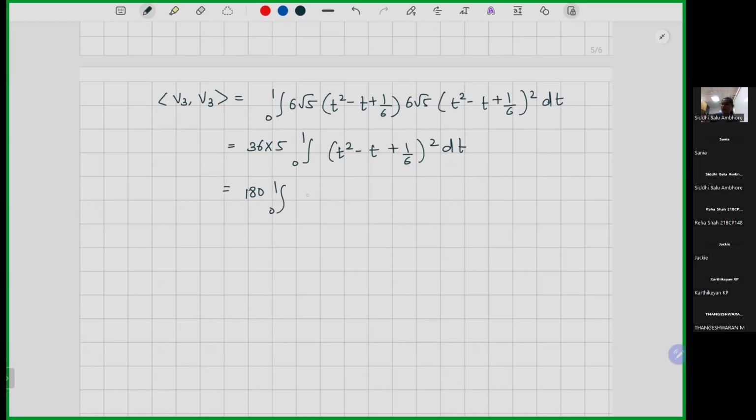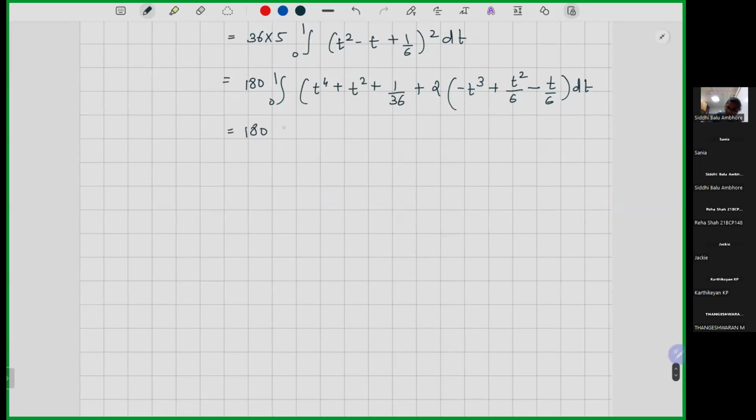And when you take the square of this, you will get something like this: t^4 plus t square plus 1 by 36 plus 2 minus t cube plus t square by 6 minus t by 6.